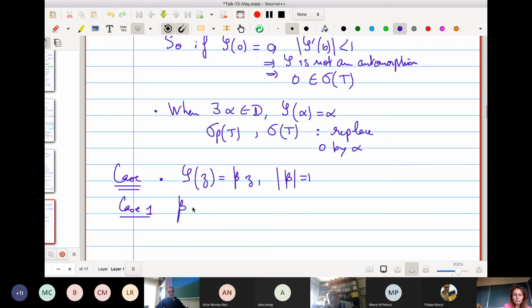Case 1: if beta has the form e to the 2i pi times p over q, where p and q are integers, that is, if beta to the q is equal to 1, then in this case you can identify the spectrum.